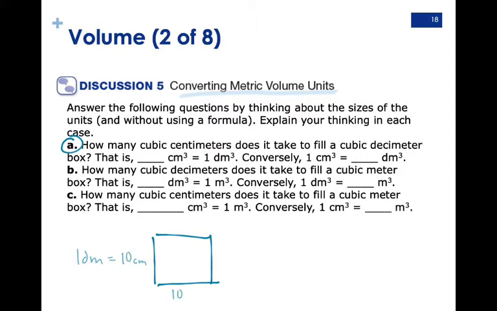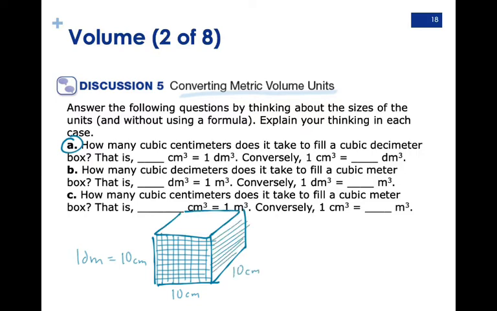So a cubic decimeter is 10 centimeters by 10 centimeters, and since we're talking volume, it will also be 10 centimeters deep. So 1 decimeter by 1 decimeter by 1 decimeter, that's what we call a cubic decimeter.